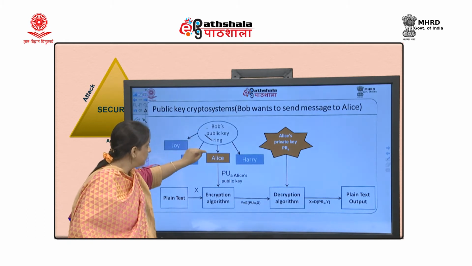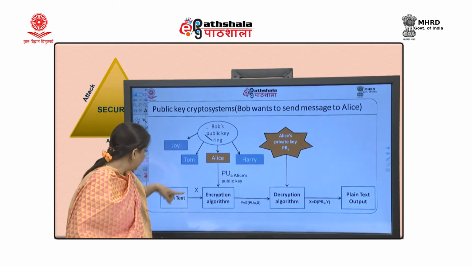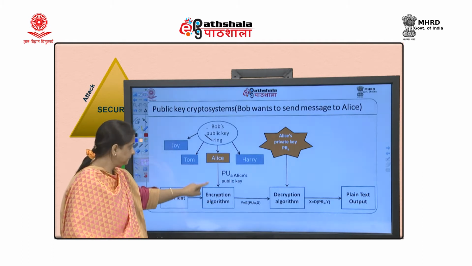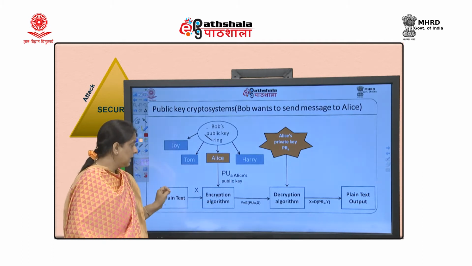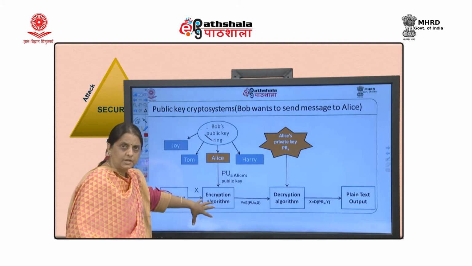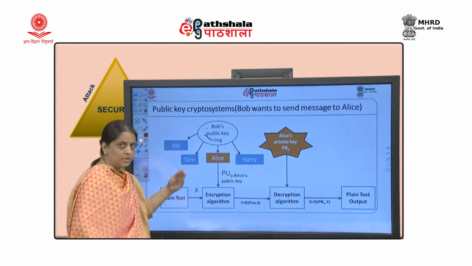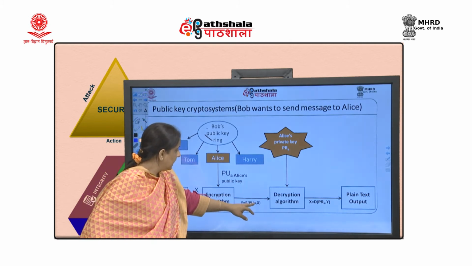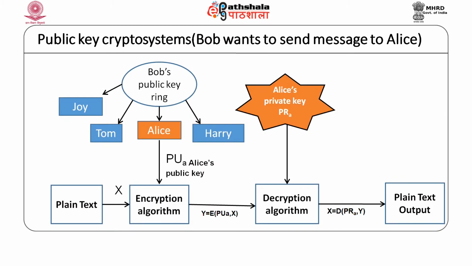From that, Bob will pick up Alice's public key and the plain text will be encrypted with this public key. How this encryption is done will be shown in the next slide. Now y is equal to E, where we do the encryption with Alice's public key, applied to our plain text.